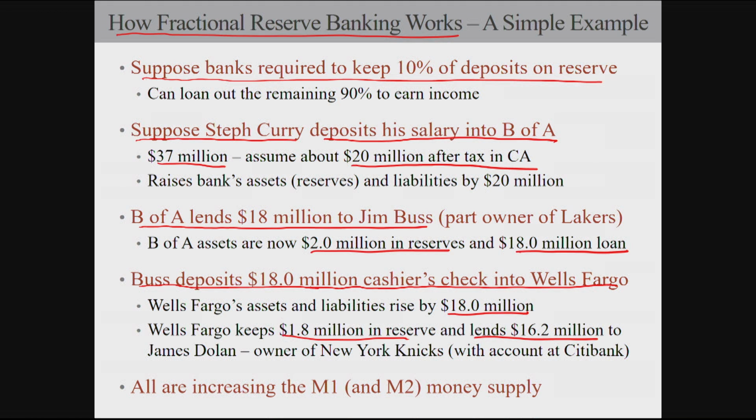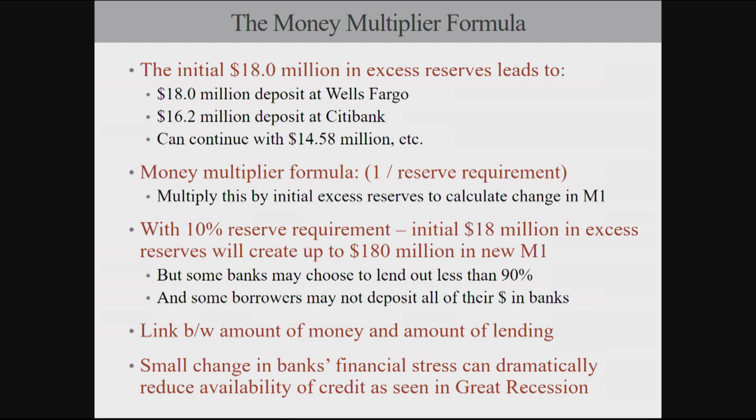All of these things are increasing the M1 and M2 money supply, and the extent to which they increase these can be calculated by this money multiplier formula. So we had that initial $20 million deposit. $2 million was reserves they had to keep. $18 million was excess reserves initially.